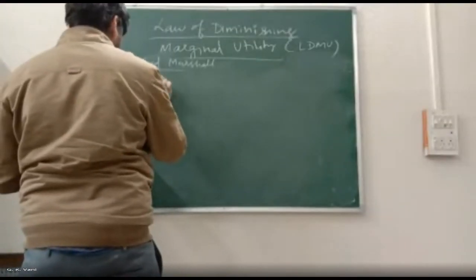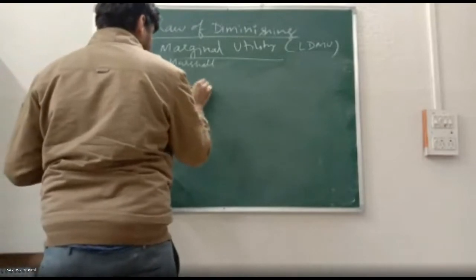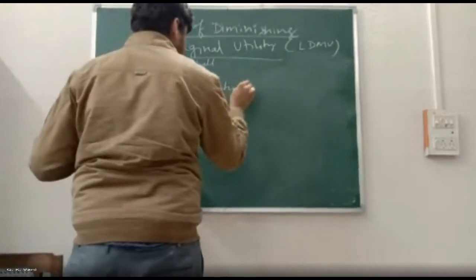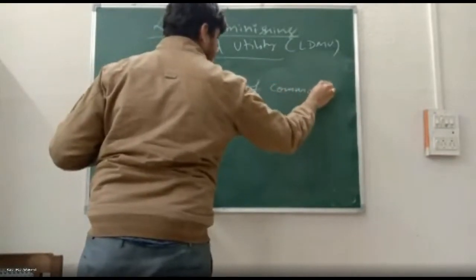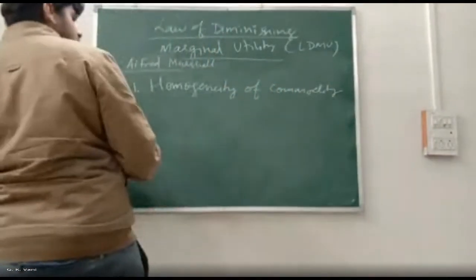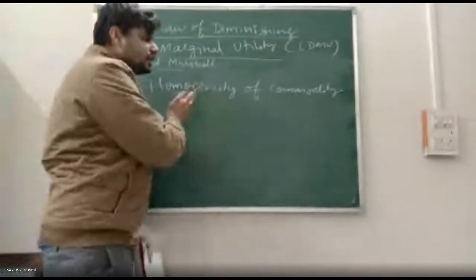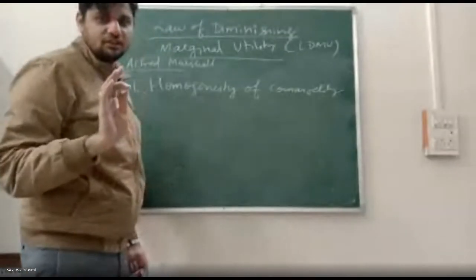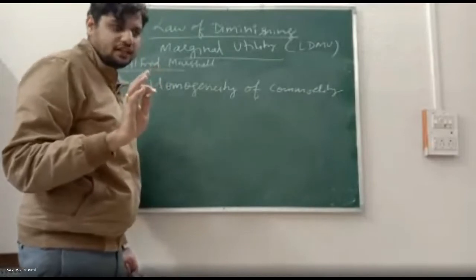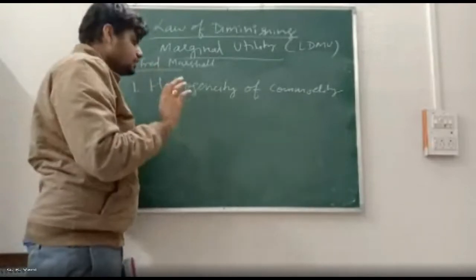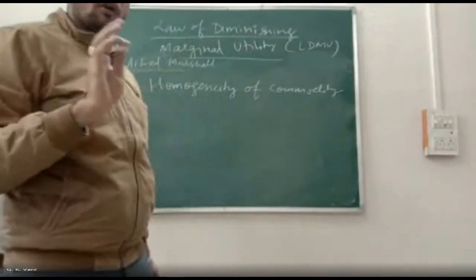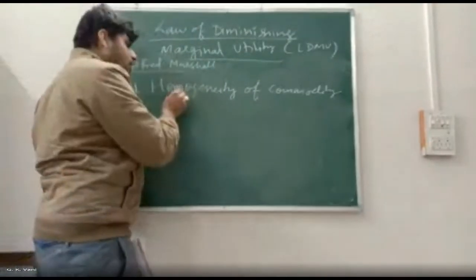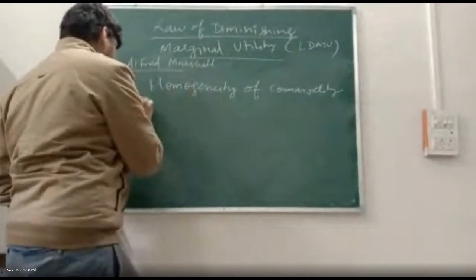The first restriction is homogeneity of commodity. Homogeneity means homogeneous quality: in terms of color, taste, all attributes, the commodity is homogeneous.